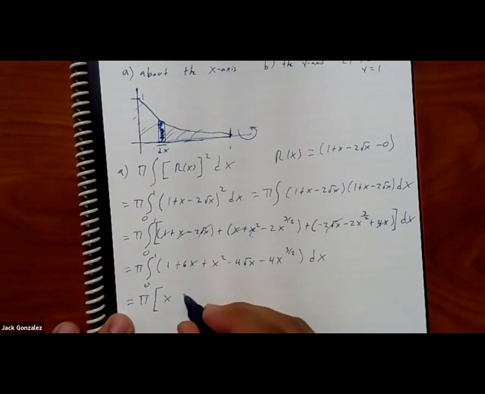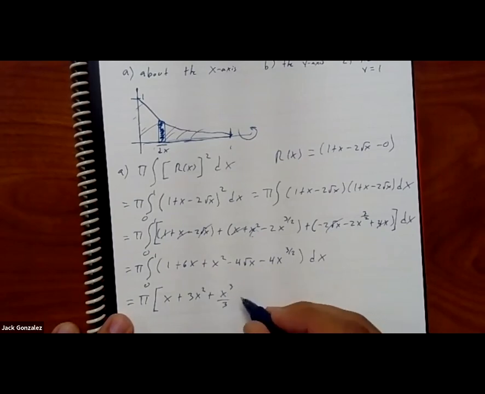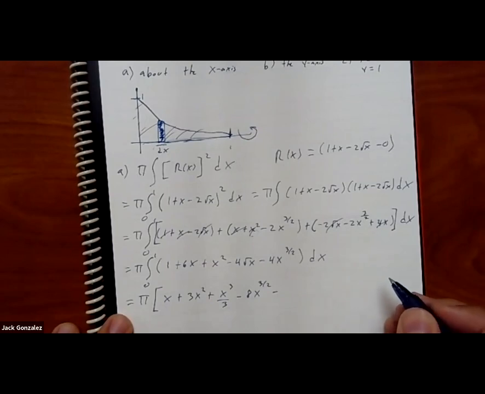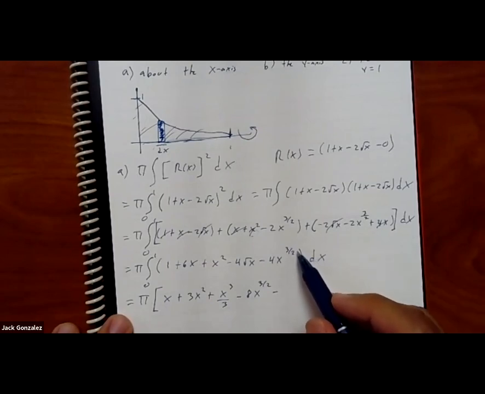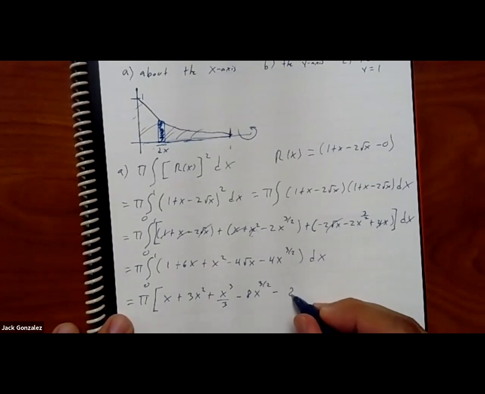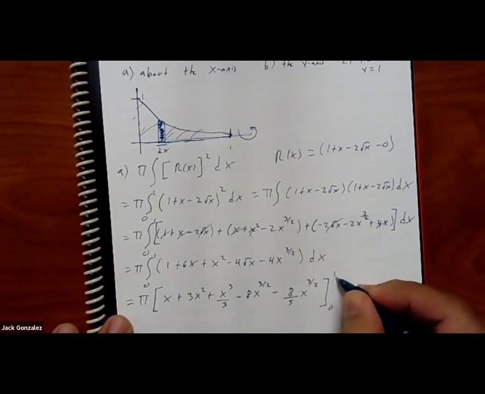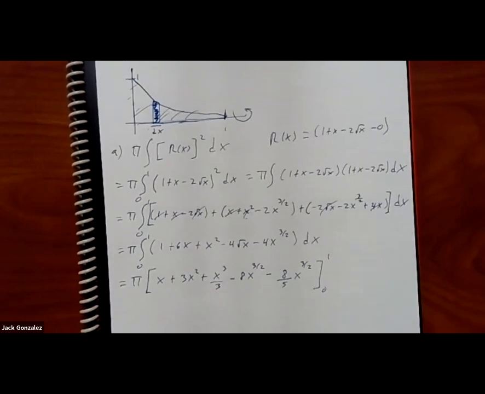The integral of 1 was x. Integral of 6x is 3x squared plus x cubed over 3 minus 8x to the 3/2 minus, what's that gonna be? If I add 1, that's 5/2, right? So 8/5 x to the 5/2. Feel free to check my mental math there. That look right?